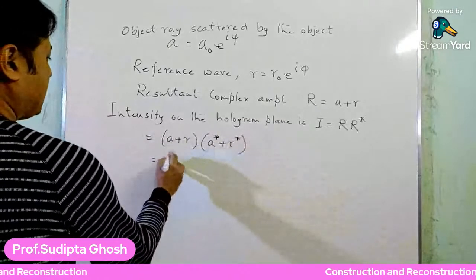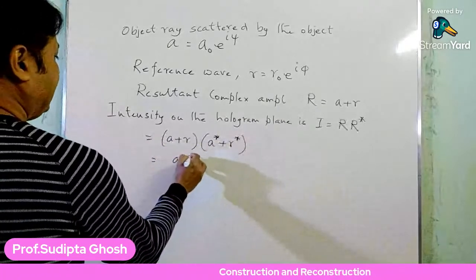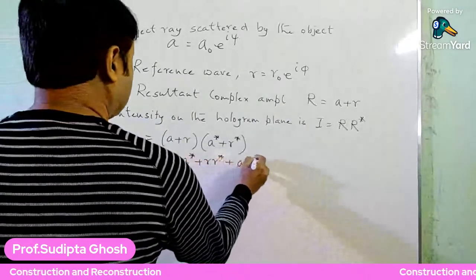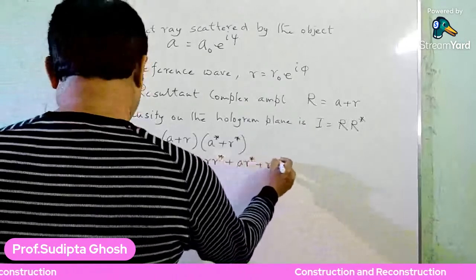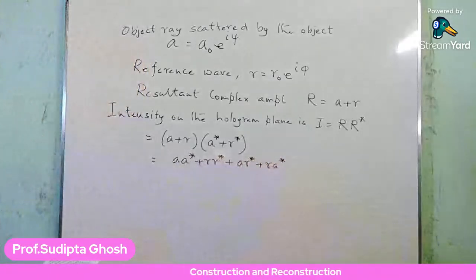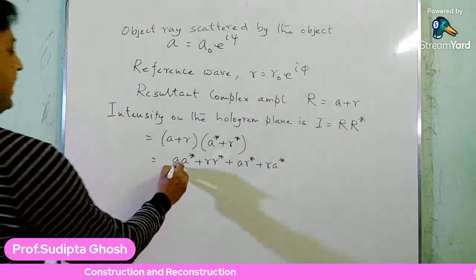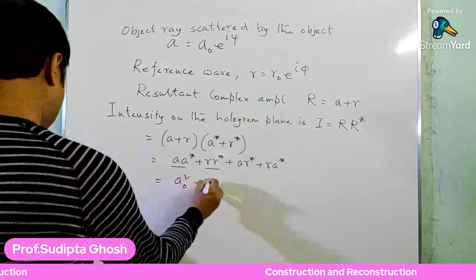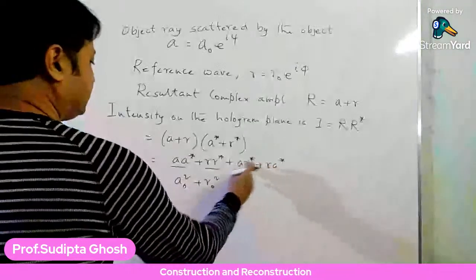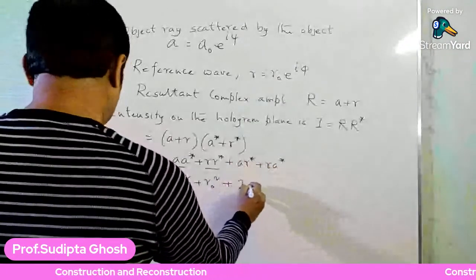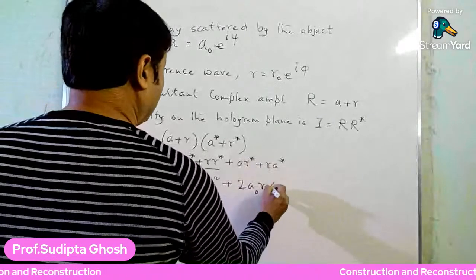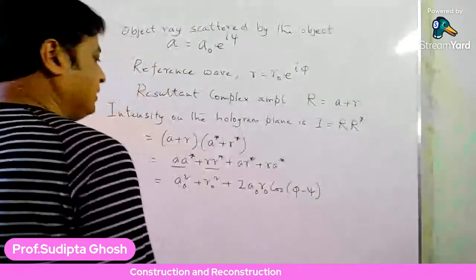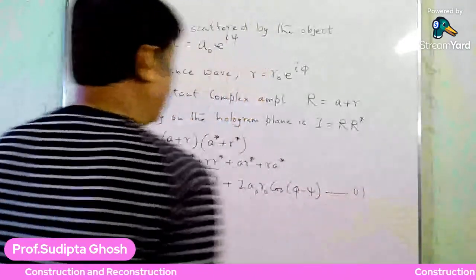After making the product, the expanded form will be A A star plus R R star plus R A star plus A R star. Now A A star and R R star can be written as A0 square plus R0 square, and then these two cross terms will be twice A0 R0 cos of phi minus psi. Let it be equation number 1.